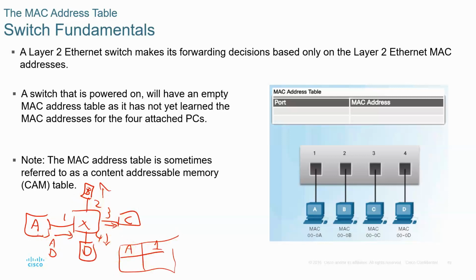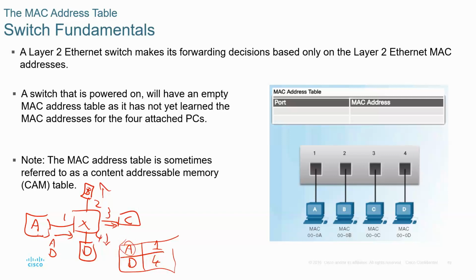Now, let's assume that because flooding was used, the packet arrives at D, and a response is generated from D going back to A. The switch will now receive a packet from D going to A, and so it will look up the table and know that A is connected to port 1 and will forward the packet to A right away, but also not before it makes another entry that D is connected to port 4.